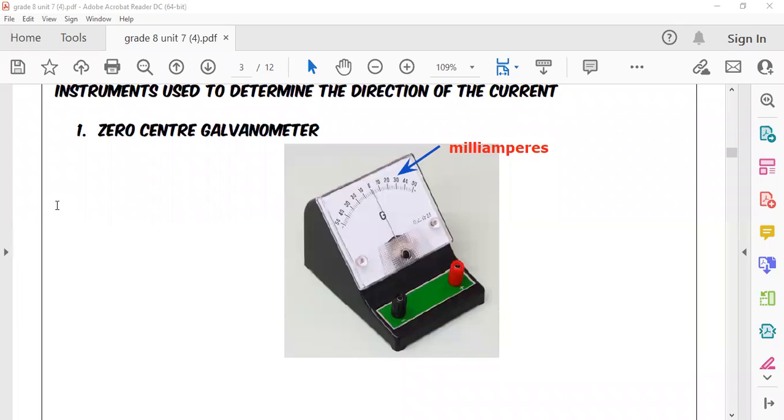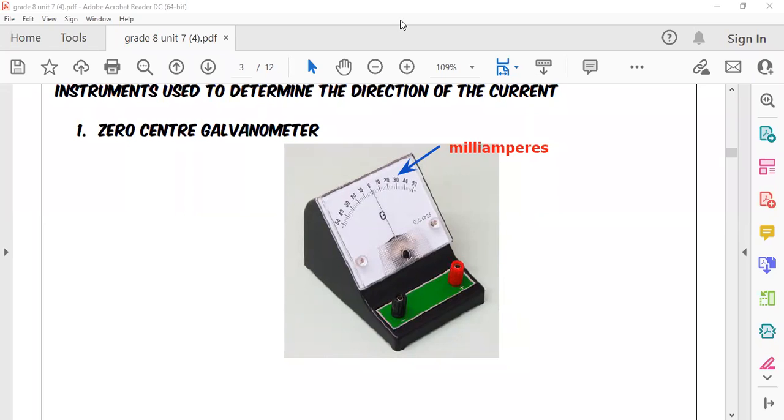Could you please mark that milliamperes in your tute? Completed? Right.